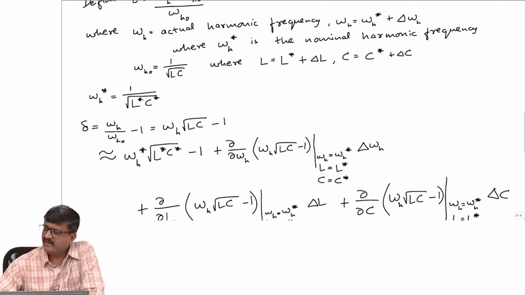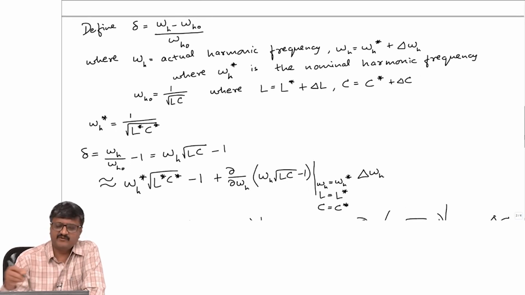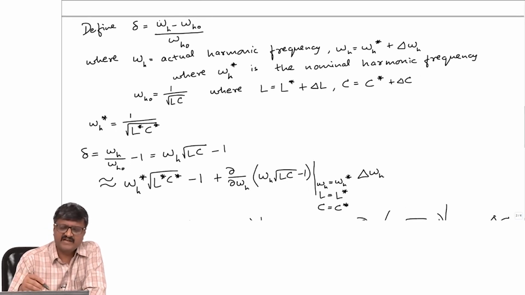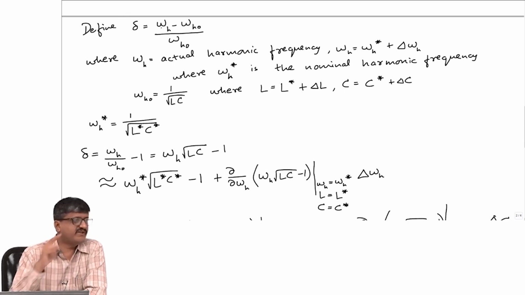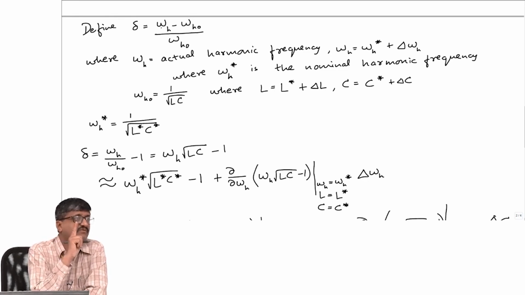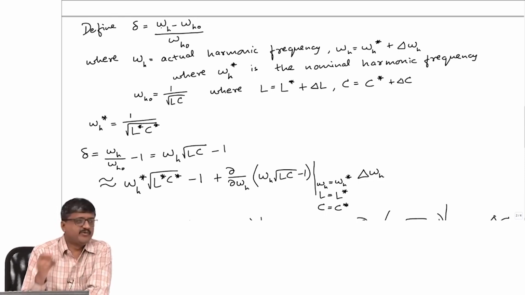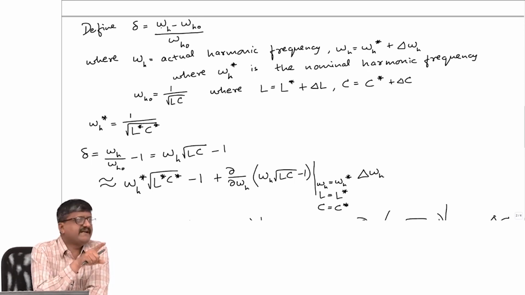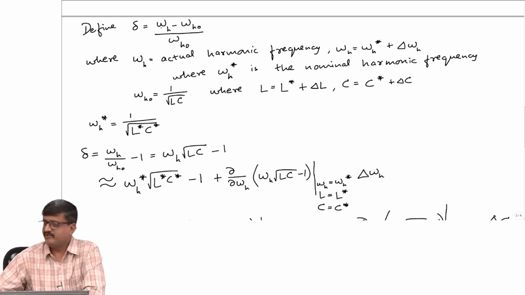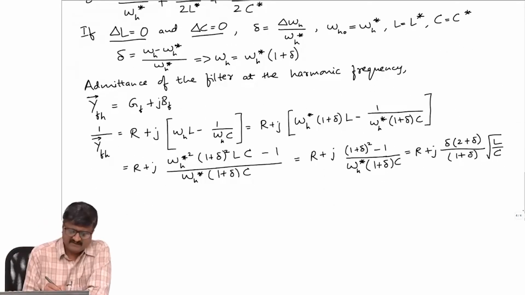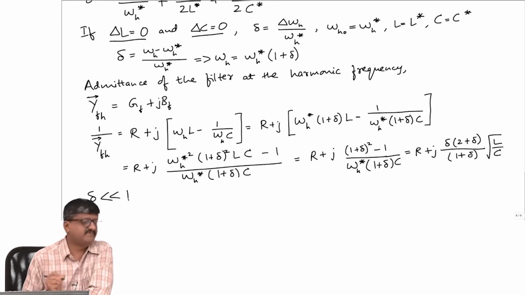So, compared to 1, if you look at this definition of delta, omega H by omega HO minus omega HO by omega HO, there is a difference of 2 terms. Both terms are close to 1. See, omega H by omega HO is close to 1. Is not 1, but close to 1. Omega HO by omega HO is 1. Okay. So, I am trying to take difference of 2 terms, one term is 1, other term is close to 1. So, compared to 1, delta is small. So, that is the point. So, delta is very small compared to 1.